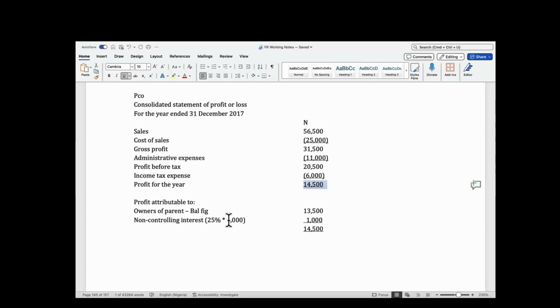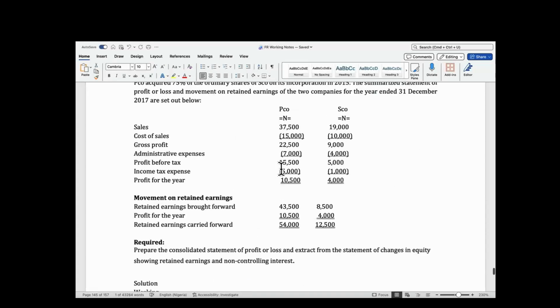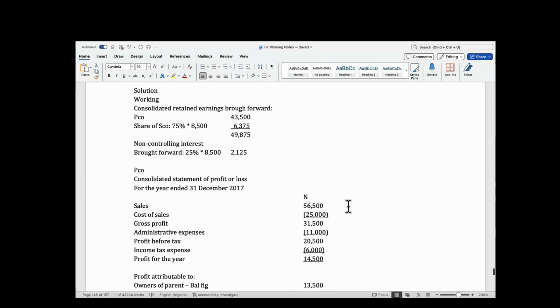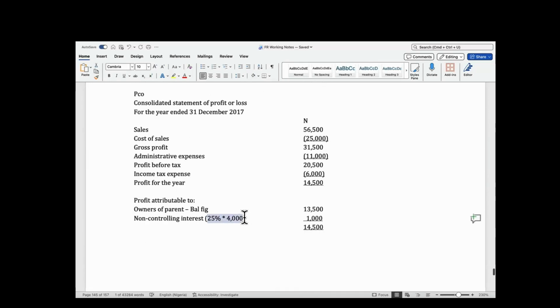So, where you get this 4,000 is usually the correction. It will give you profit for the year of the subsidiary. It's usually in the correction. That's where you will get it from. So when you get that, you just apply 25% on the profit of the subsidiary. That gives us 1,000.